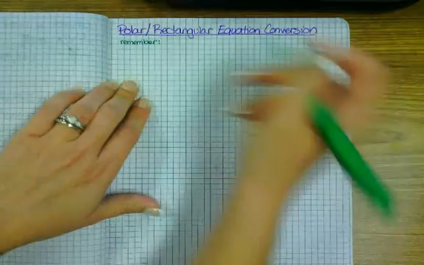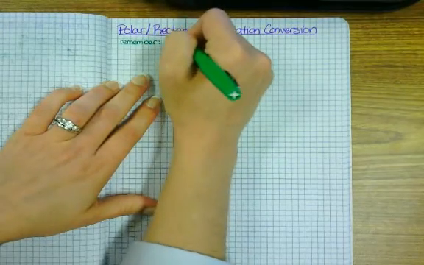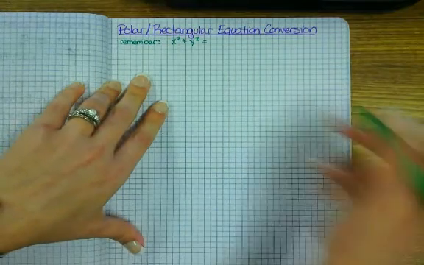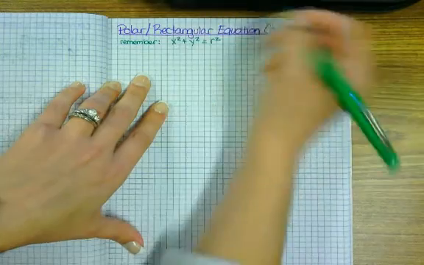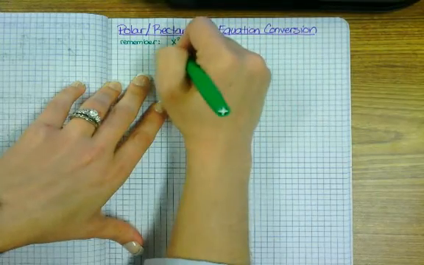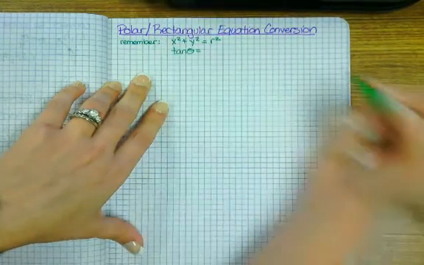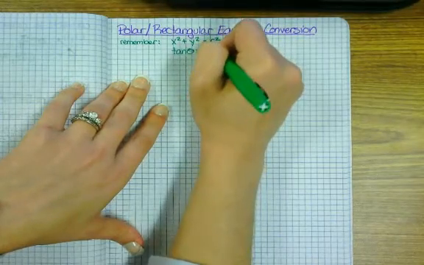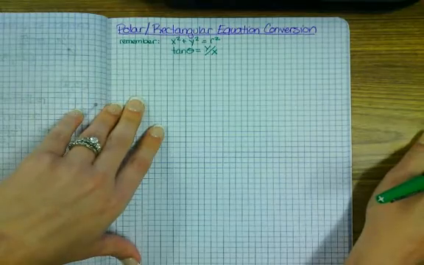Things that are going to come in handy today, like x squared plus y squared equals what? R squared. And tangent theta was what over what? Y'all remember? Y over x. Make sure you remember those things.